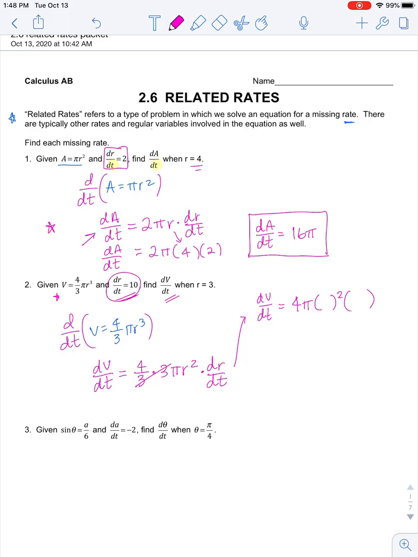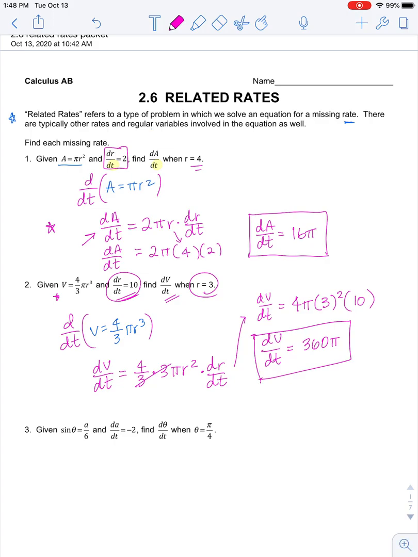Here it says dr/dt is 10, so I'm putting that in the dr/dt spot, and then it says r equals 3, so I'll put that in r's location. Then dV/dt, let's see, 9 times 10 is 90, times 4 is 360 pi.